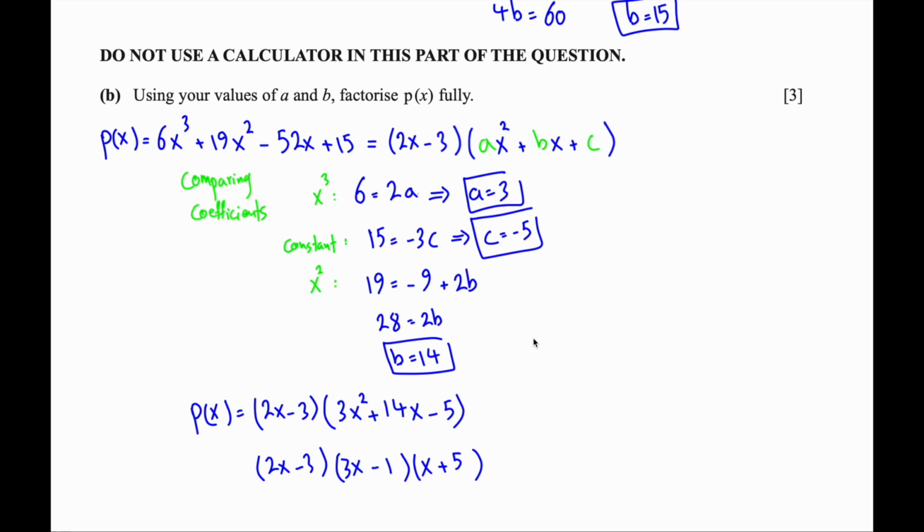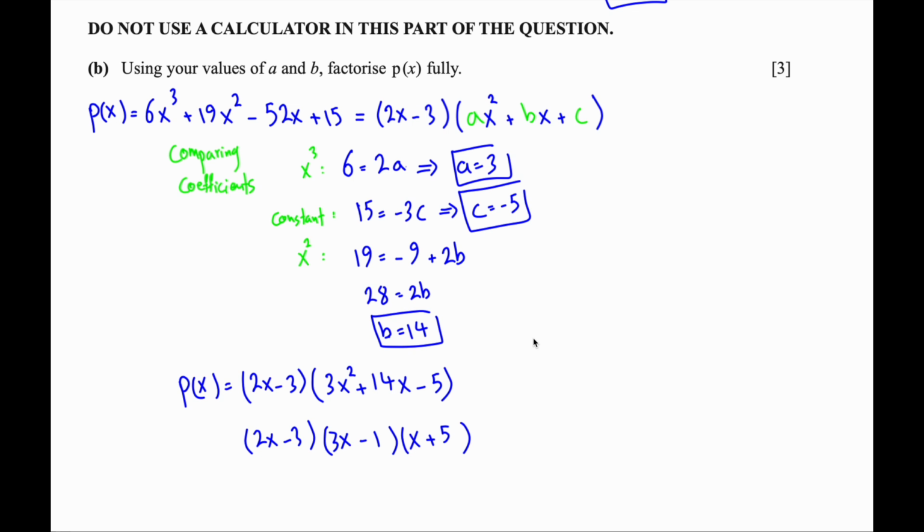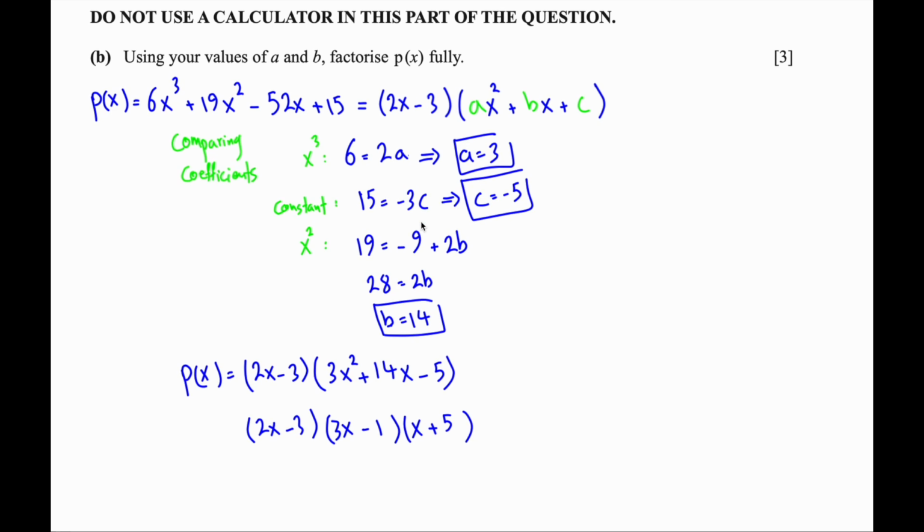In part B, now that I know the values of a and b, I have to fully factorize the polynomial p(x). So I have written p(x) again with the values of a and b, which we found in part A. Also, this piece was given to me in part A. We know that 2x minus 3 is in fact a linear factor of p(x).